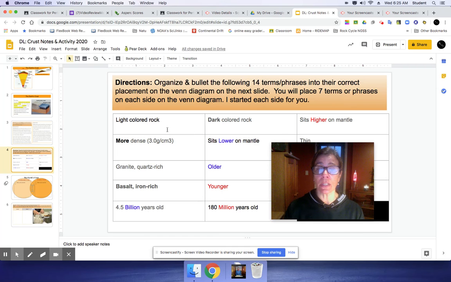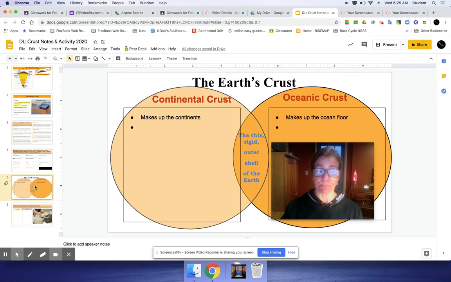Each of these words or phrases, where did I get those from? I actually got them from that reading from slide number 3. So you're going to use your understanding and your highlighted reading to now organize these words and phrases into the appropriate spot on the Venn diagram on slide number 5.